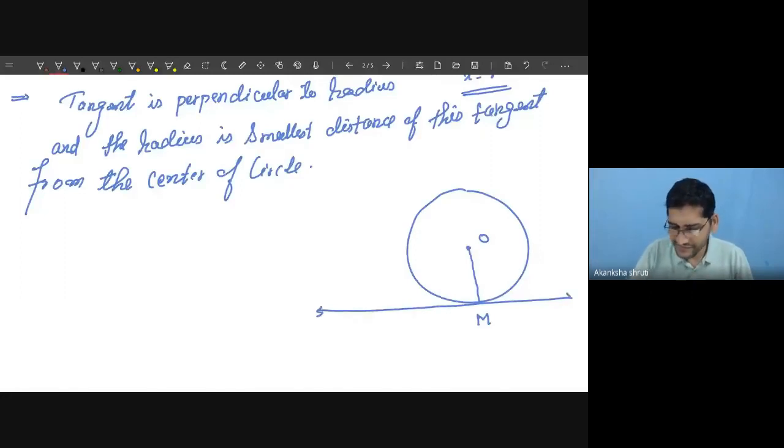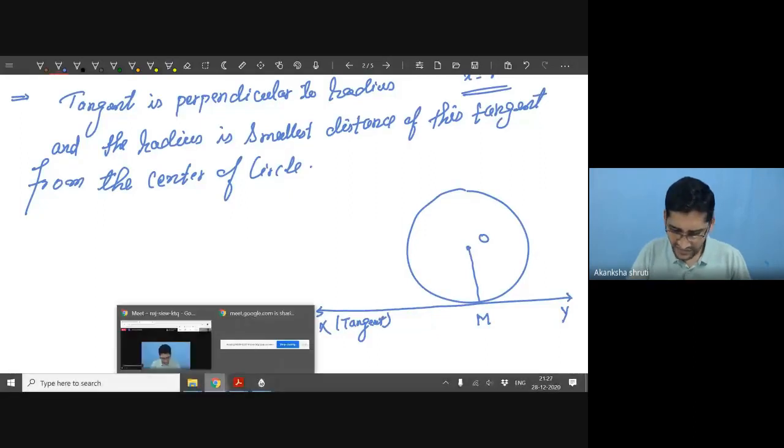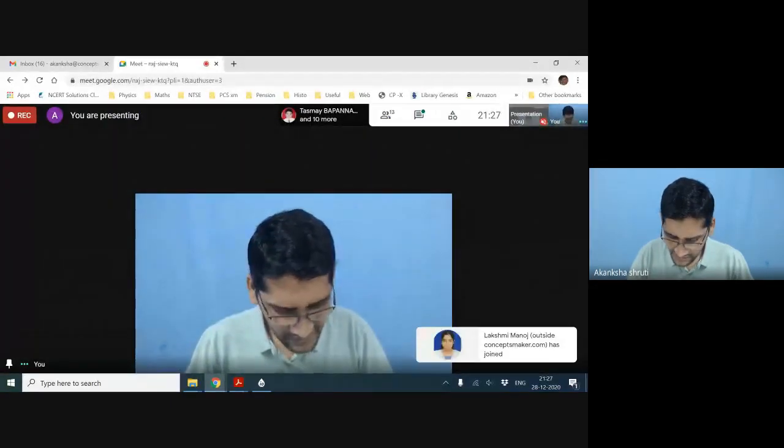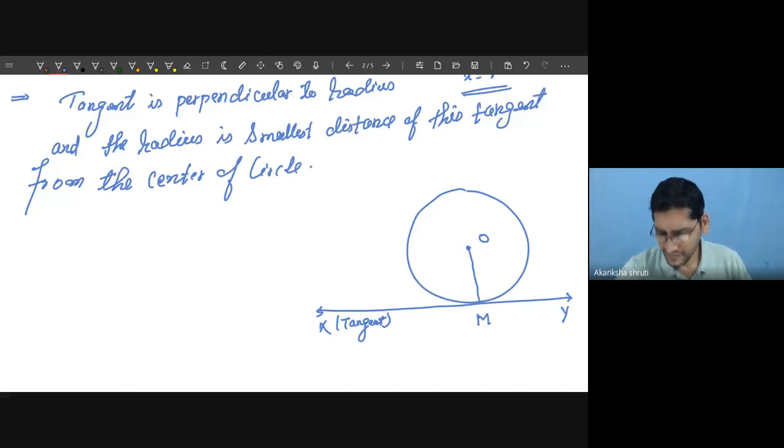This line XY is called the tangent, and it is touching the circle at M. So M is called the point of tangent also.